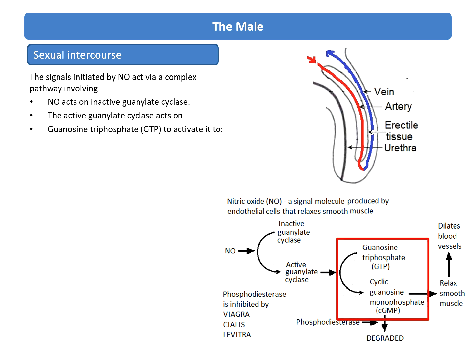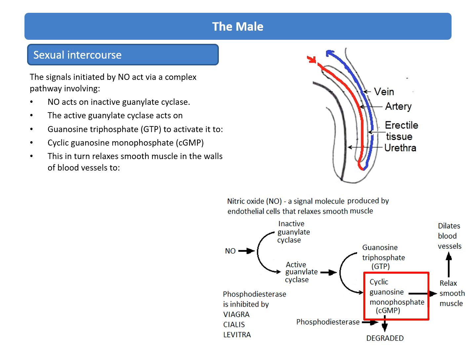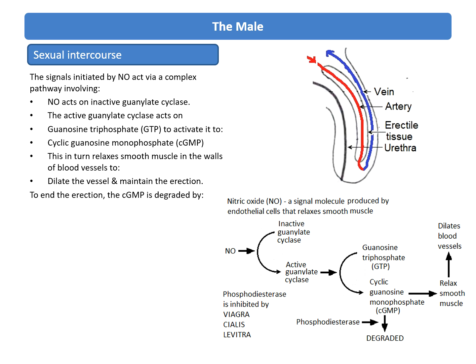The active form then acts on guanosine triphosphate, GTP, to convert it into cyclic guanosine monophosphate, cyclic GMP. This substance, in turn, relaxes the smooth muscle in the wall of the blood vessels, and that then increases the blood flow because the vessels dilate, and that maintains the erection.